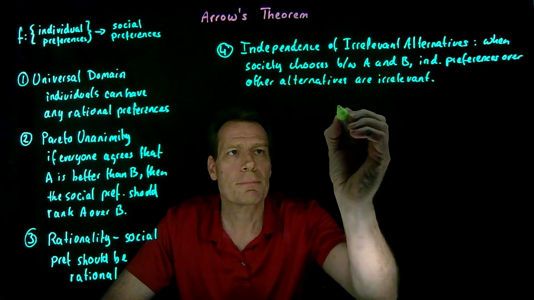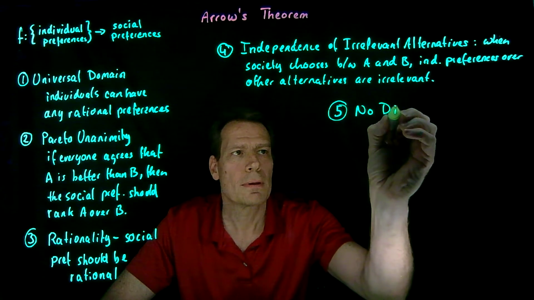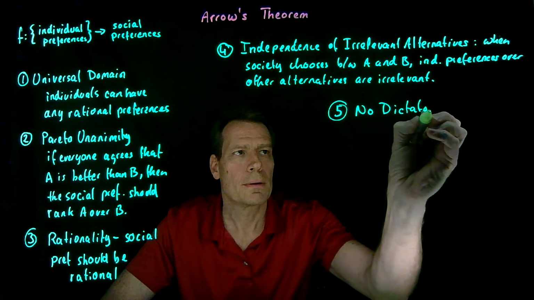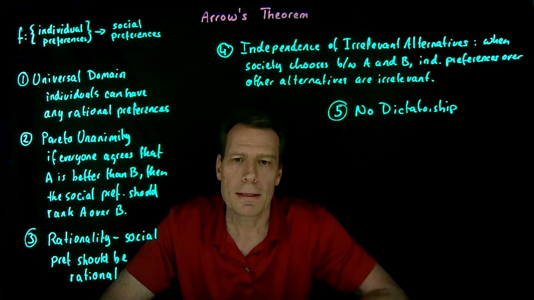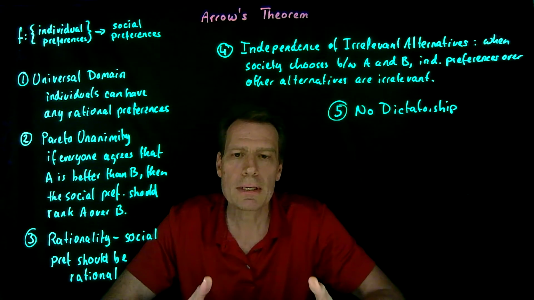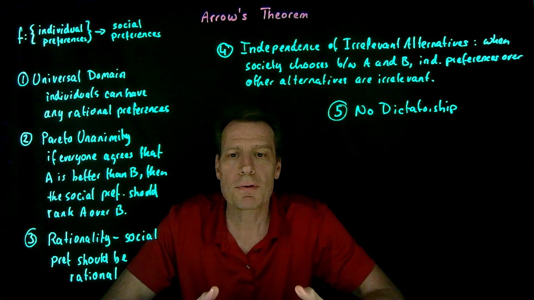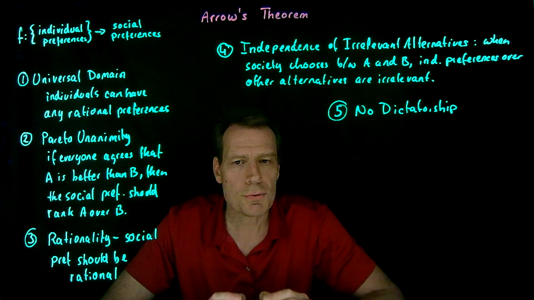And the final assumption, he called the no dictatorship assumption. In other words, we don't want a social preference ordering that simply implements the preferences of a single individual. In fact, he made this assumption even stronger.